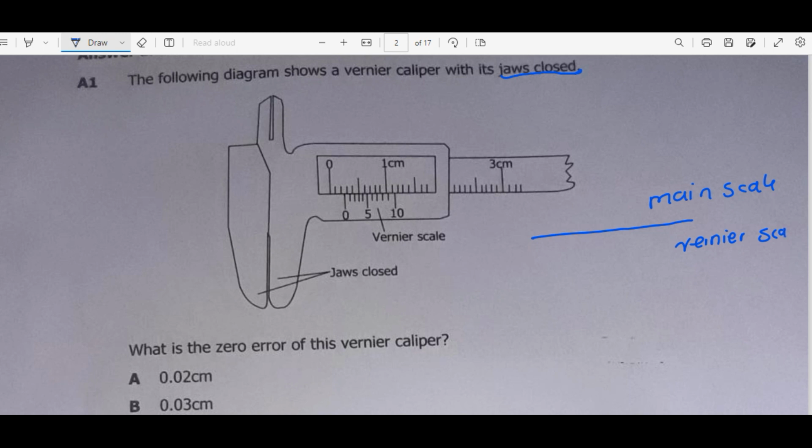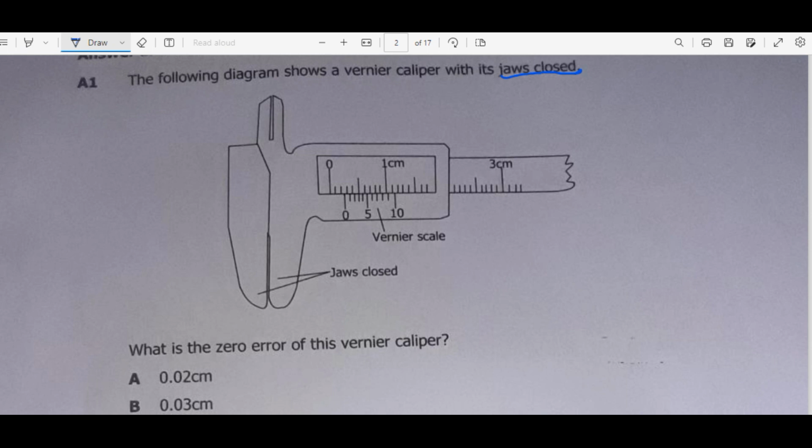If the 0 on the main scale coincides with the 0 on the vernier scale, if we have 0 here and also another 0 here, then the other readings like this, then we can conclude by saying no zero errors. Whenever the 0 from the main scale coincides with the 0 from the vernier scale, the conclusion is that there is no zero error. So that is what you need to look at whenever you want to determine whether there is a zero error or no zero error.